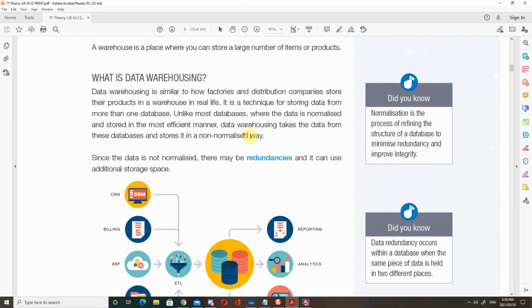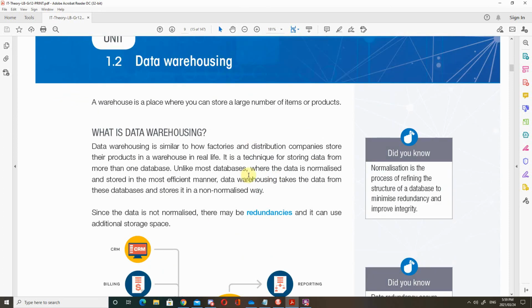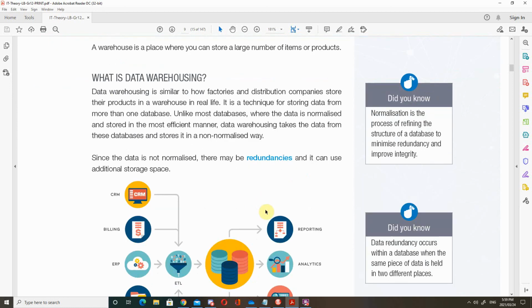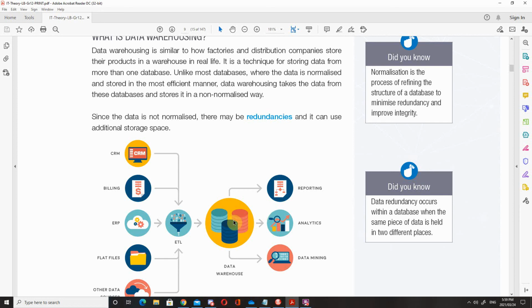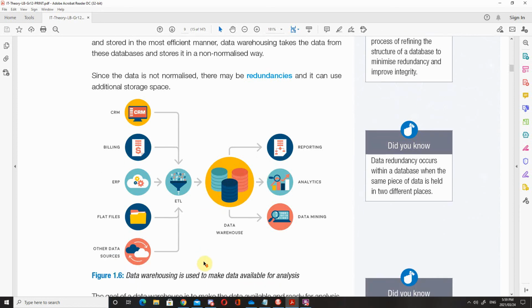So what's the purpose of this, or what can we do with this data warehouse? Alright, so that's where the other word comes in, data mining.